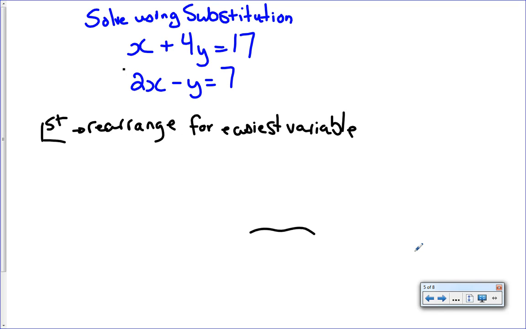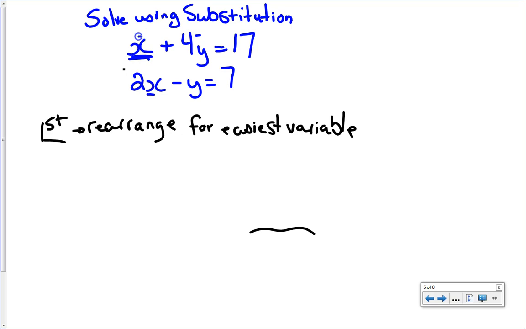In my opinion, this one right here is probably the easiest variable to rearrange for, because all I need to do is move the 4y to the other side. I don't want to deal with the 4y in the other one because I don't want to have to subtract and then divide if I can avoid it. Same thing with this x here, and I don't want to deal with this negative y because I'd have to move something and then divide by negative 1.